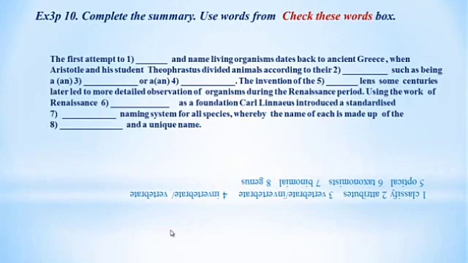Using the work of Renaissance taxonomists as a foundation, Carl Linnaeus introduced a standardized binomial naming system for all species, whereby the name of each is made up of the genus and a unique name. So, good job.